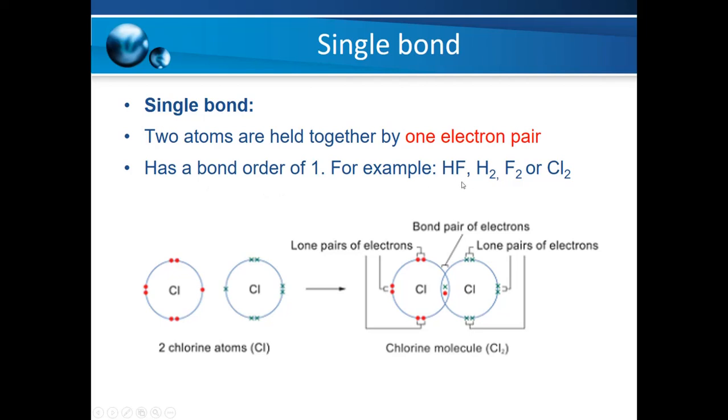For example, HF, H2, F2 or Cl2. If you have one chlorine atom combining with another chlorine atom, they will share, and both will become octet. So the sharing produces a single bond, which represents a covalent bond.